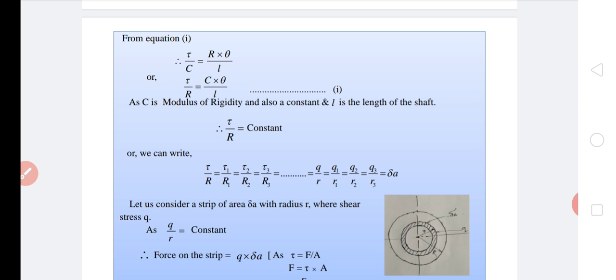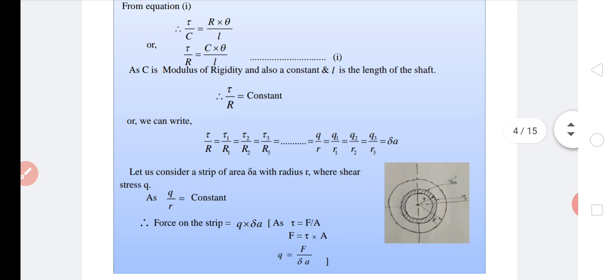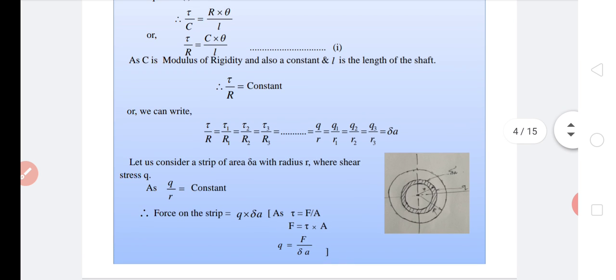Now let us consider a strip of area del A, in this figure on the right side, which is already mentioned here. A small strip, that is the area del A with radius small r, where the shear stress is q. So we can write q by r equals a constant.